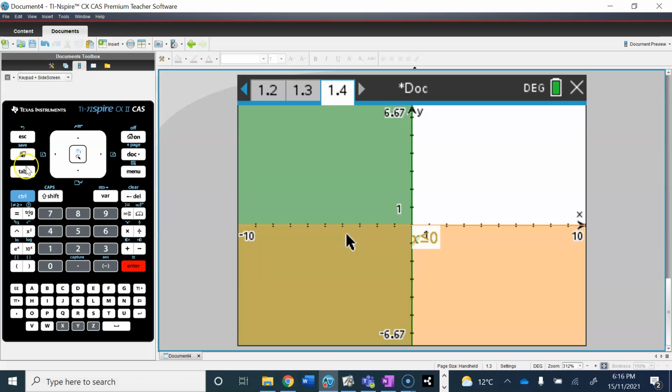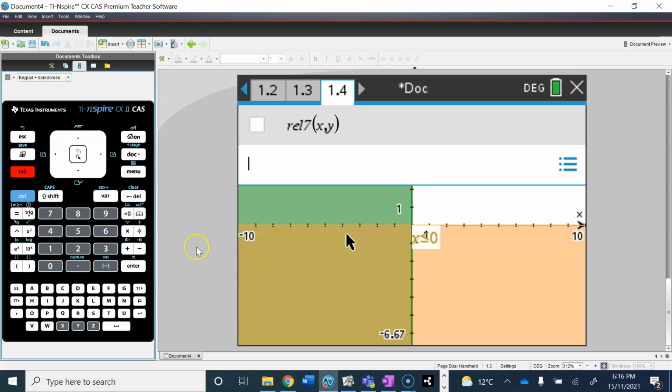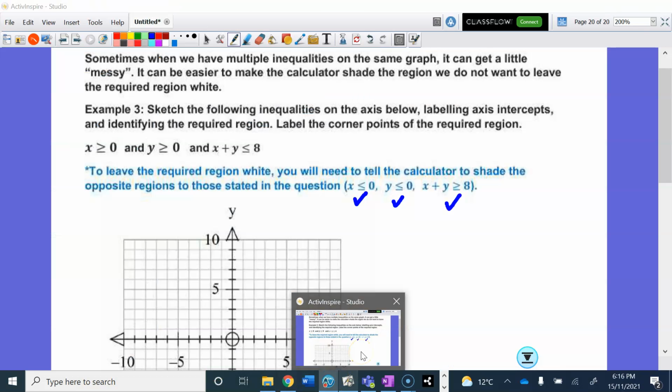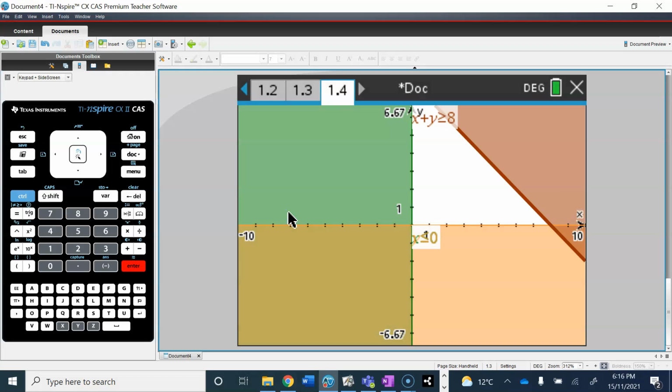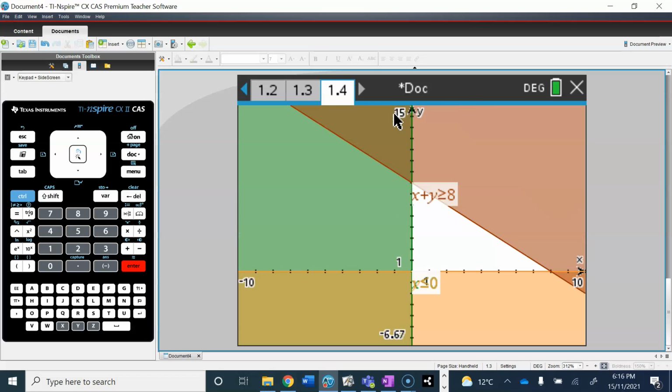And then my third graph, so let's tab again, was x plus y. I can't remember what way the sign went. Let me have another look. Greater than or equal to 8. So what my calculator's done, I'll just make this a bit bigger so I can see the whole thing.